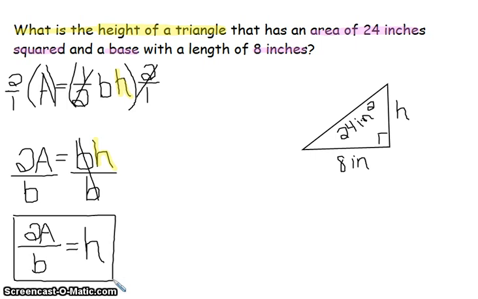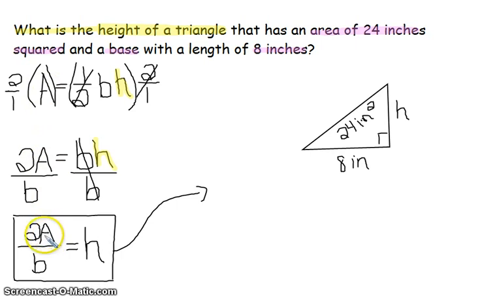Now, what I can do with what I have a box around, I'm not finished. What I need to do with this formula is plug in the numbers I know from my triangle. Alright, so notice I kept a capital A because that stands for area. I didn't change it to lowercase. Always be careful with your letters.